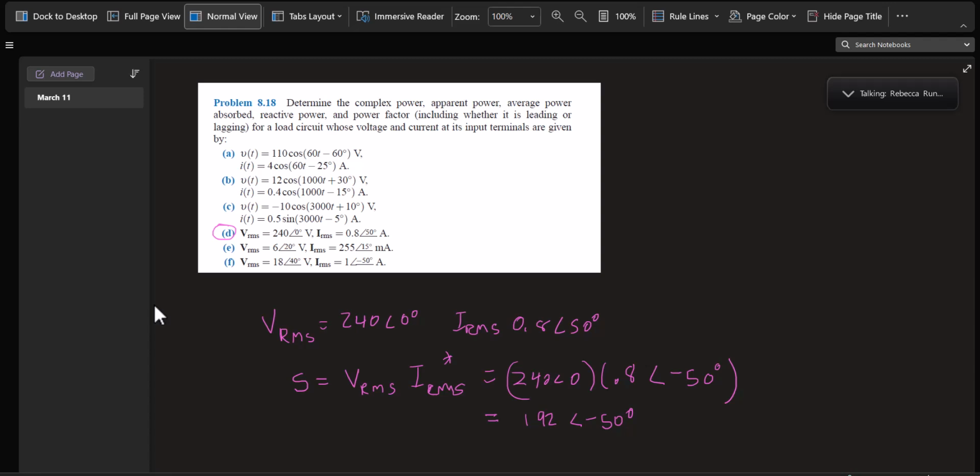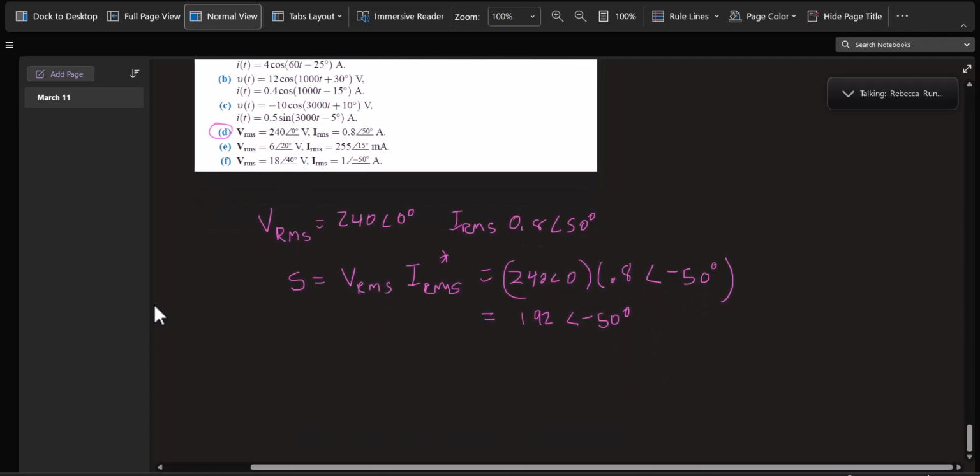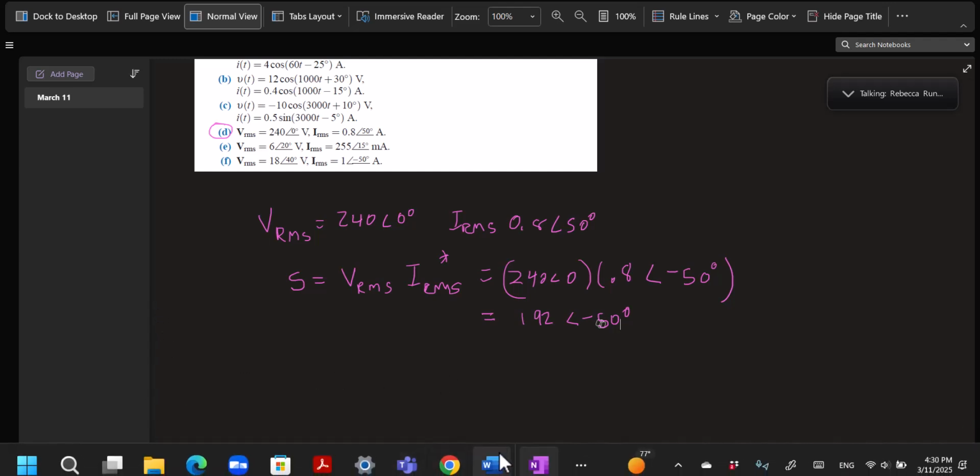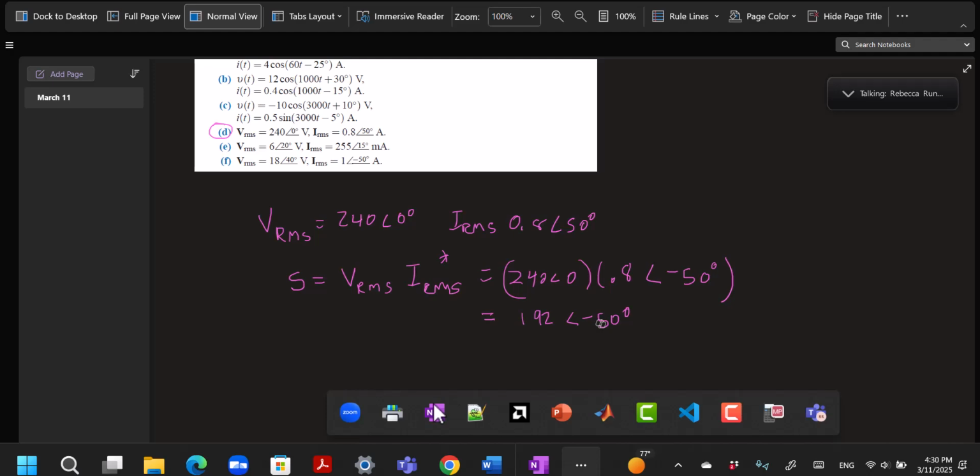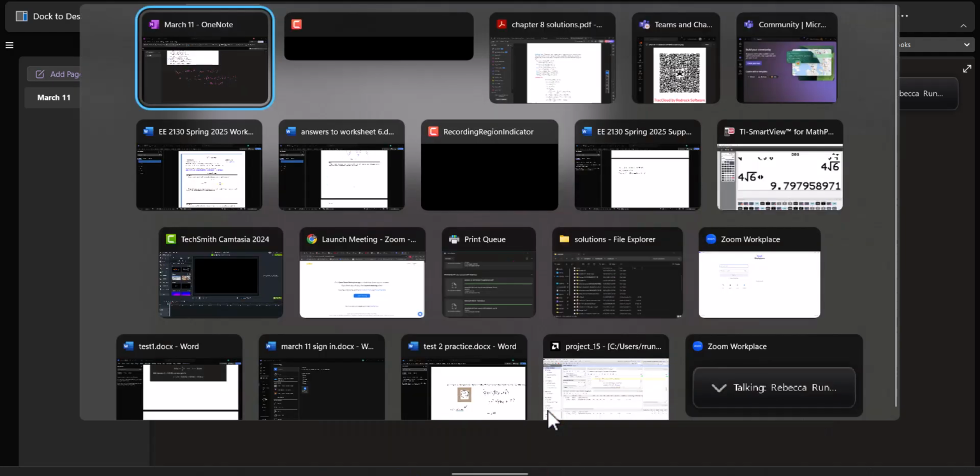Which then, if I needed to get the other kinds of power, what I would do, this is how I do it, to make sure I have the right answer before I go any further.